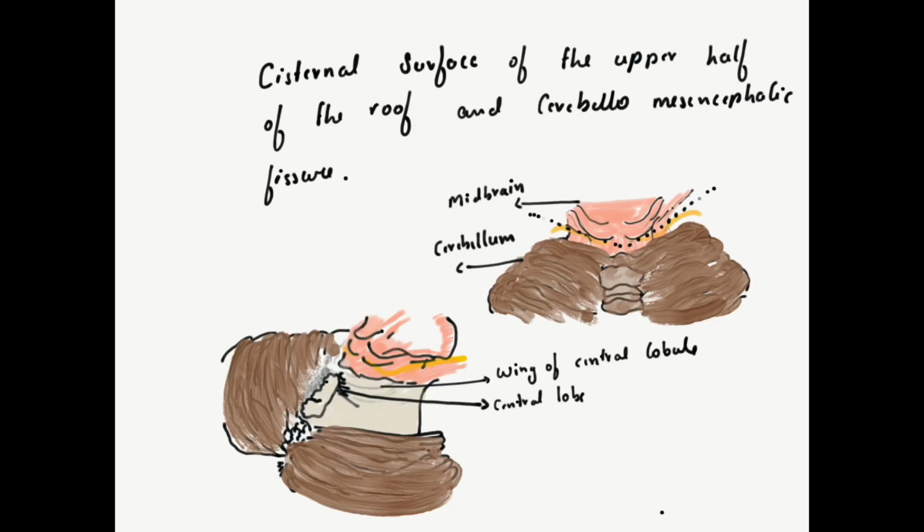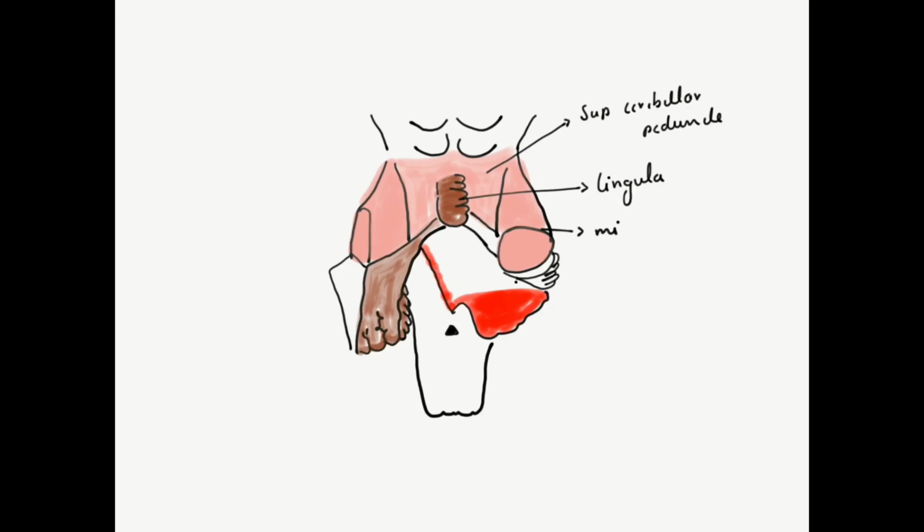The trochlear nerve arises from this fissure and progresses anteriorly. Coming to the inner surface of the cerebellomesencephalic fissure, it is formed by the lingula that sits over the superior medullary velum, and the lateral surfaces of the superior cerebellar peduncle along with the middle cerebellar peduncle contribute to the inner wall of the cisternal surface.